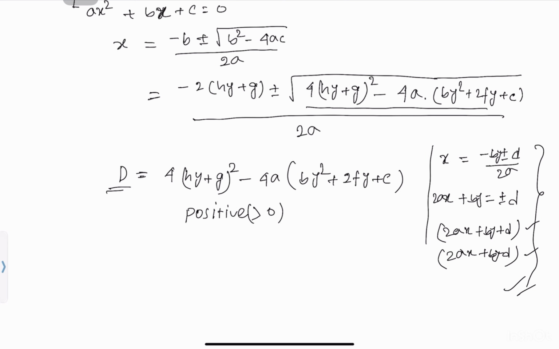If positive, then this d term gives you an irrational number, yes or not? If it is only positive, like assume d value is 5, then the answer gives you square root 5.